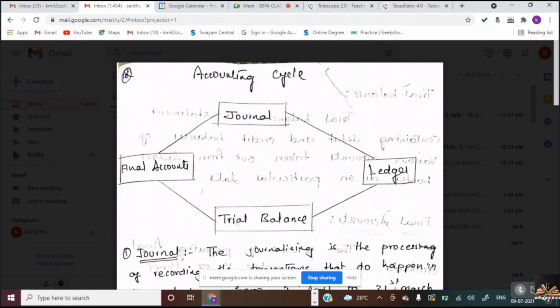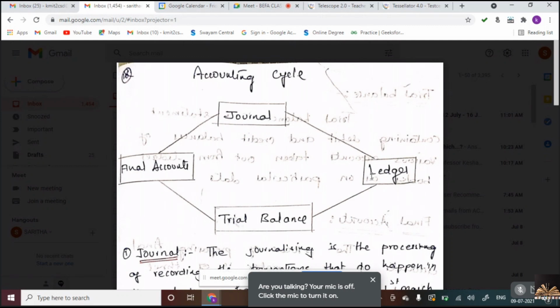Salaries: the opening balance, salary paid during the year, then the closing balance. Machinery account: the balance in the beginning, purchases or sales. Purchases we add, sales we deduct, and see the closing balance of machinery. Cash also: the opening balance of cash, additions, deductions of payments, then the cash balance at the end of the year. Like this, we prepare the ledger account.